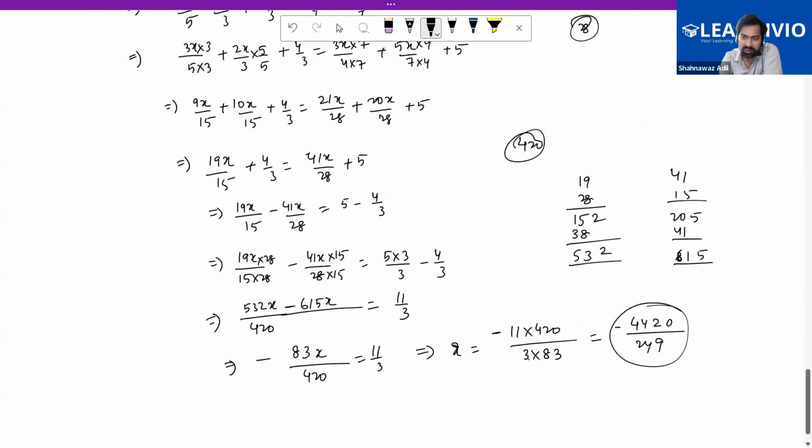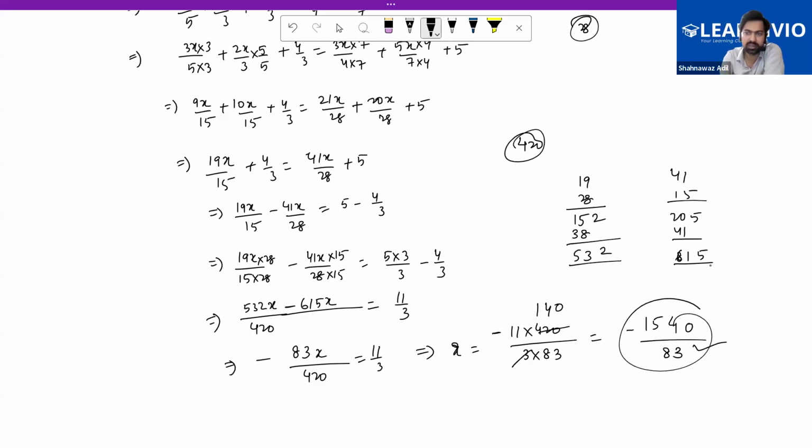Okay, why have you guys cancelled? Oh, so this can be cancelled, right? Sir, but 420 by 3. Yeah, cancel. So yes, this is 140. So you guys are absolutely correct. So this is how much? 11 fours are 44, 11 ones are 11, and 4, 5. So 1540. Yes, you guys are correct.